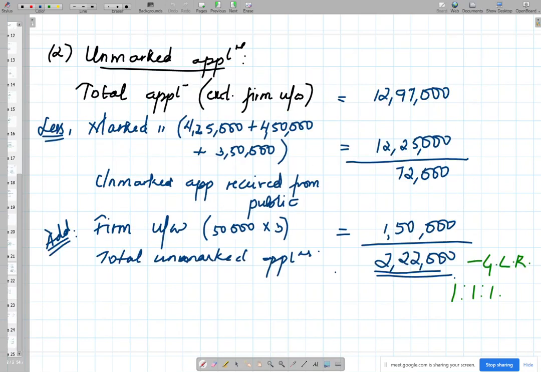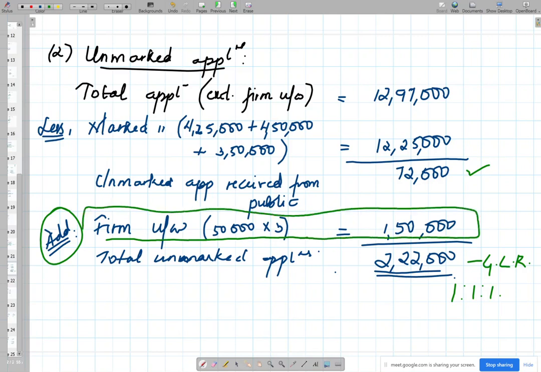When benefit of firm underwriting is not given, what do we do? Like in the previous problem, we get 72,000, for example, after minusing marked applications from the total applications, right? So because benefit of firm underwriting was not given, we added firm underwriting to the unmarked applications.